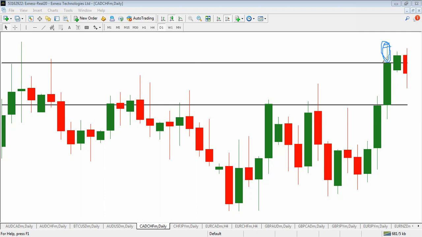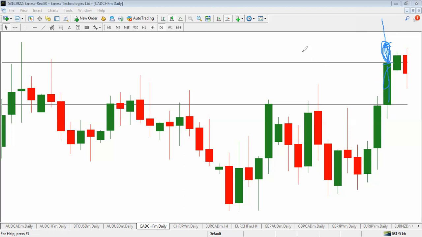Whenever you see this tail here, it means that the price had reached the top of this tail, but the buyers had to close the price here. Now, if the tail here is shorter than the body, it means that the buyers were stronger. But if the tail was longer than the body, what does it mean? The sellers were stronger in the market.